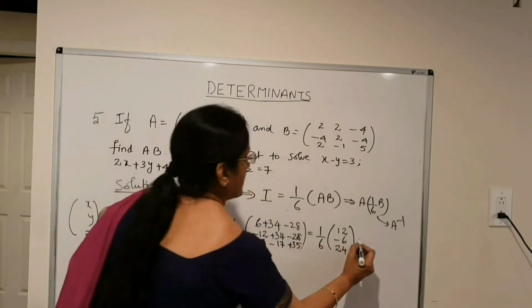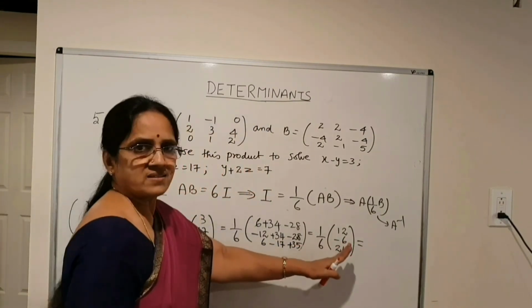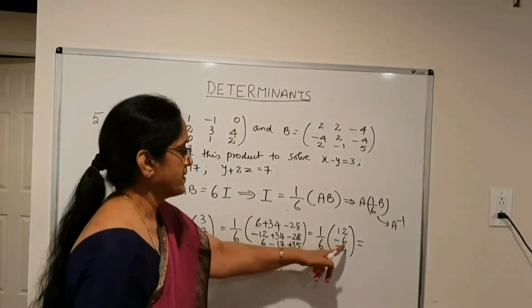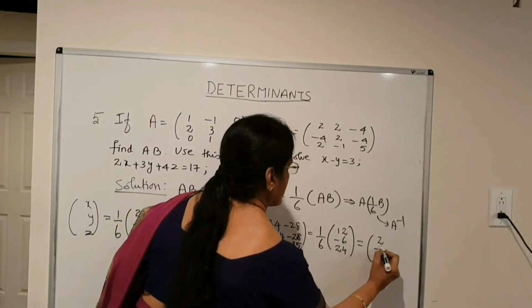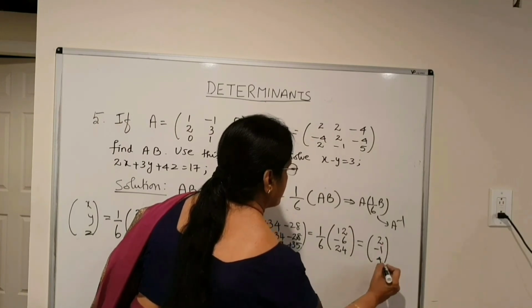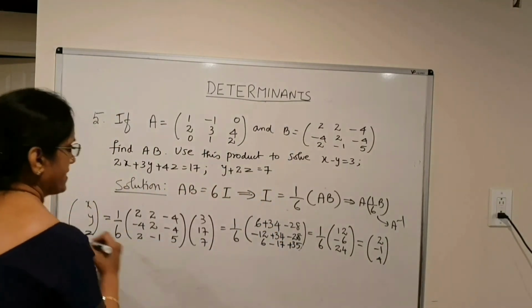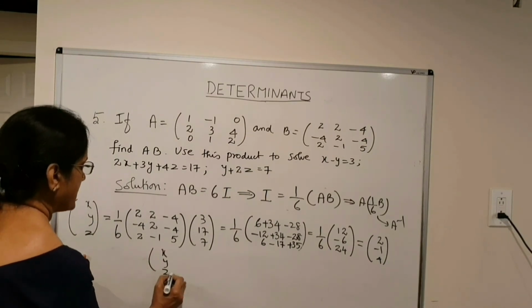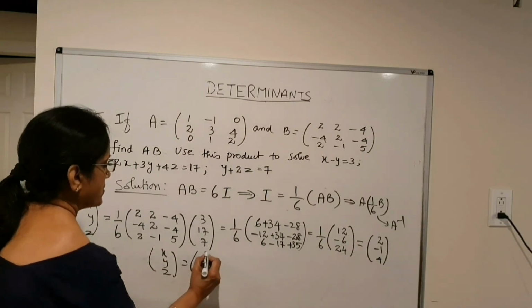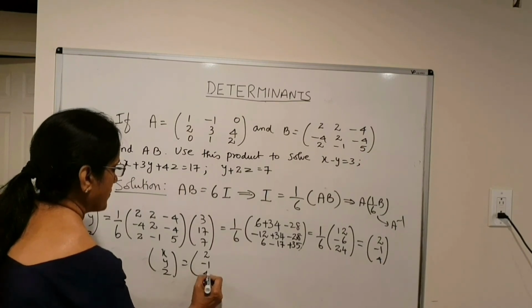Now, if we divide each and every element by 6, I will be getting this as 2, minus 1, 4. So you are getting the matrix x, y, z equal to 2, minus 1, 4.